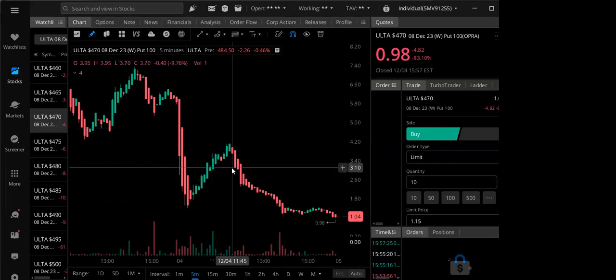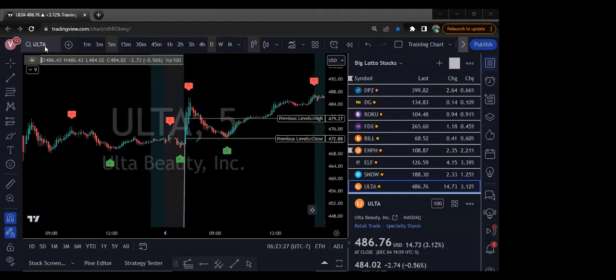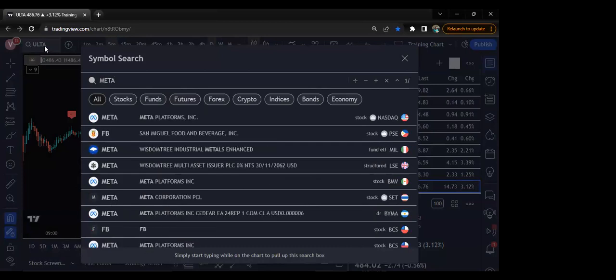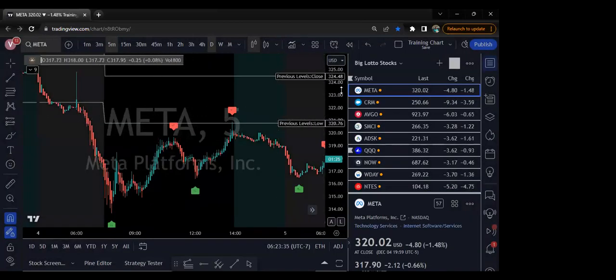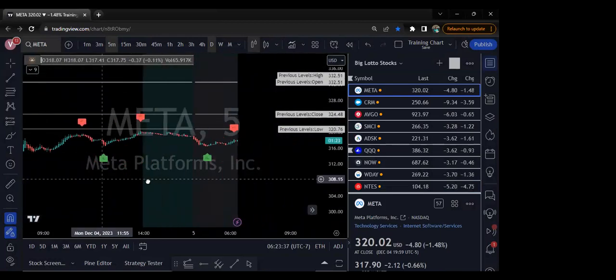Another example of a stock that was bearish. Okay.